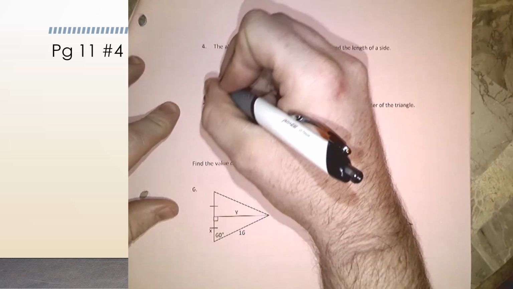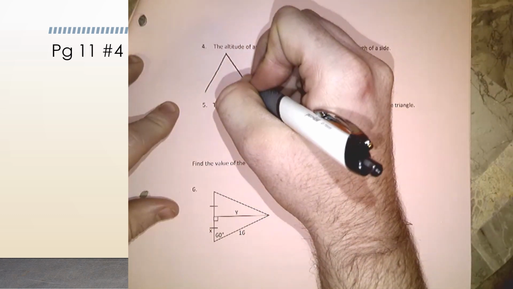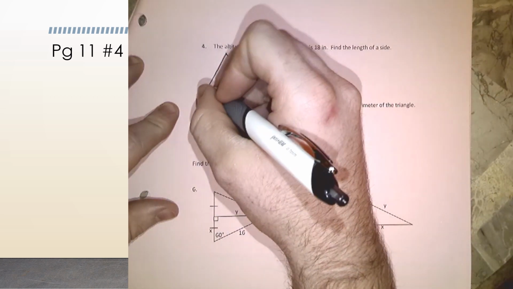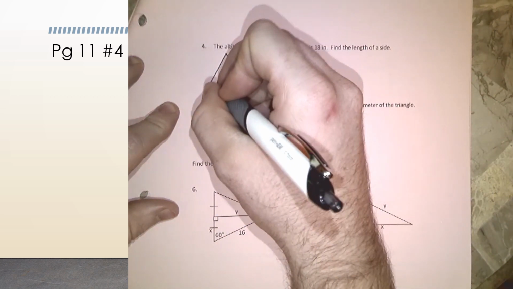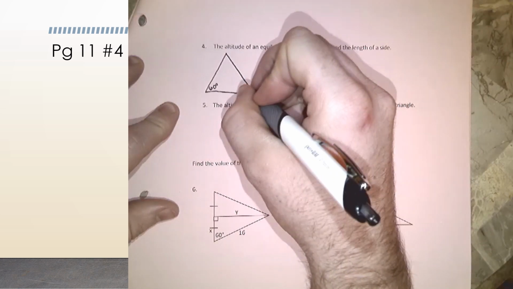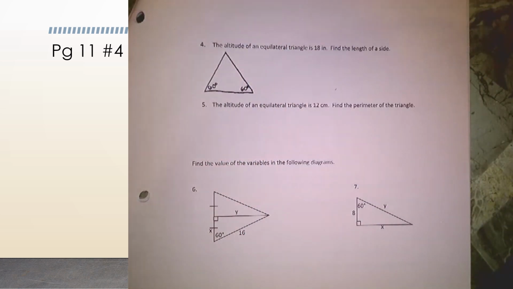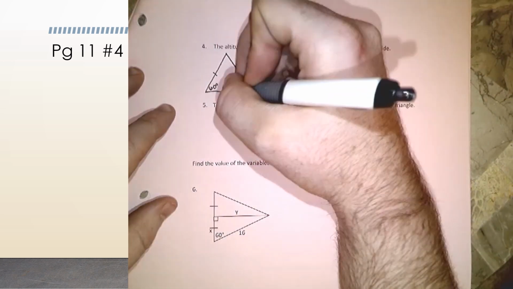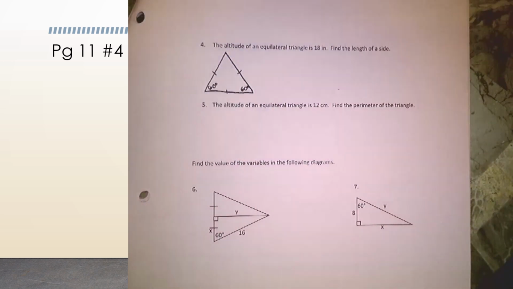So if you have an equilateral triangle, all the angles are 60 degrees, and all the sides are equal.